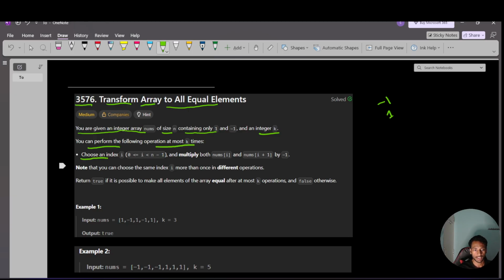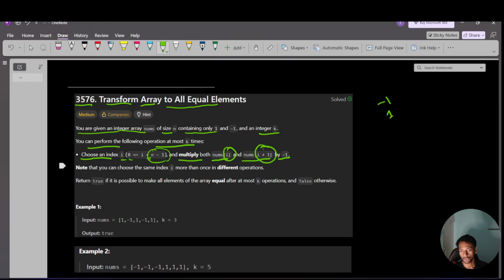Choose an index i that is between 0 and n minus 2, because i is less than n minus 1. That means I can choose only 0 to n minus 2, and multiply both nums[i] and nums[i plus 1] by minus 1. That's why the range of i is 1 less than the length of the input array, because in one operation I have to choose two elements: one is i, another is i plus 1.